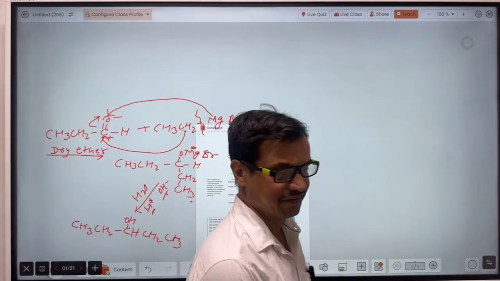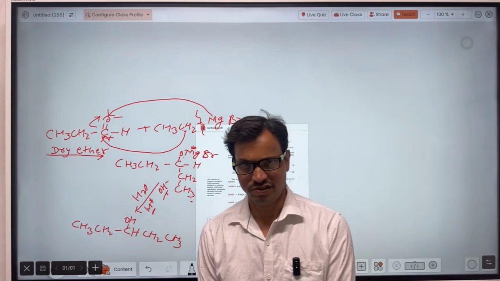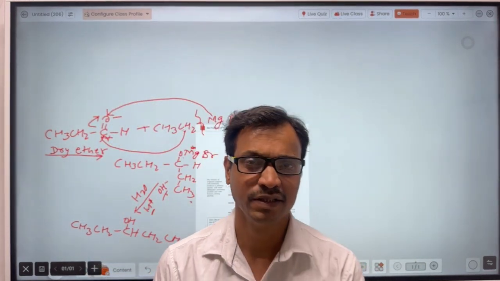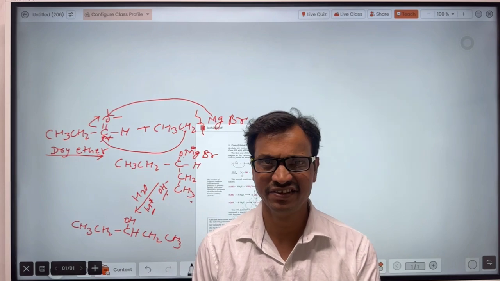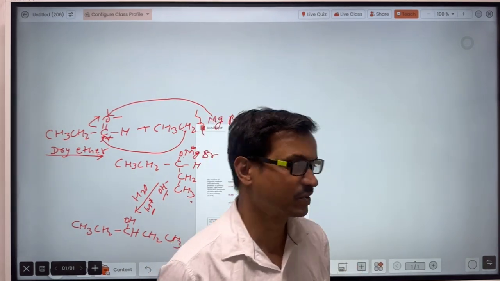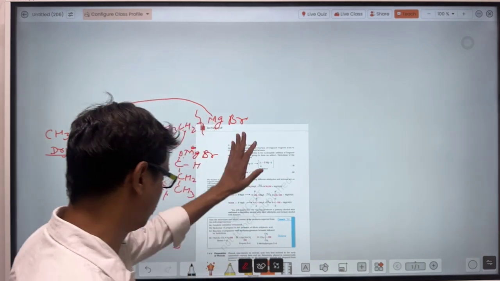So methanol has given a 1 degree alcohol. The aldehyde other than methanol will give a 2 degree alcohol. And the ketone will give a 3 degree alcohol.